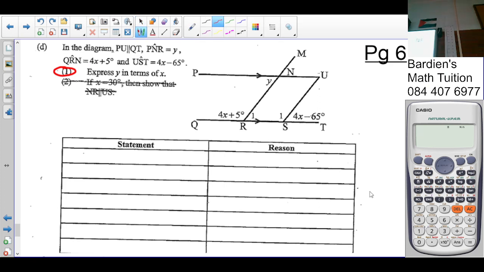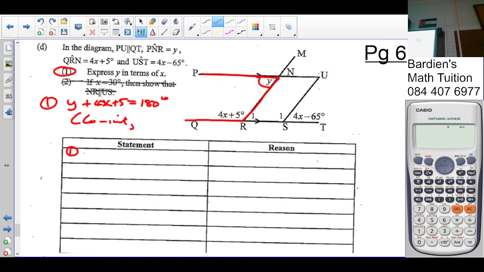We are told in the diagram those lines are parallel, and this angle is y, and this angle here is 4x plus 5 degrees. The other one is 4x minus 65. Question 1 says express y in terms of x. So we know that y plus 4x plus 5 is equal to 180. Why?